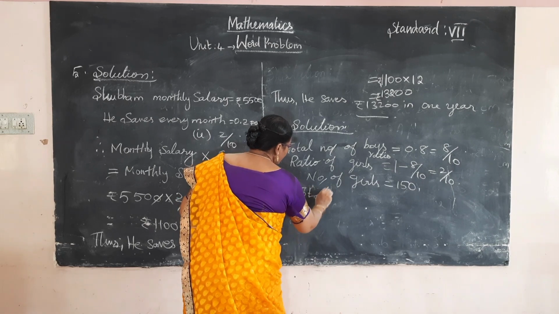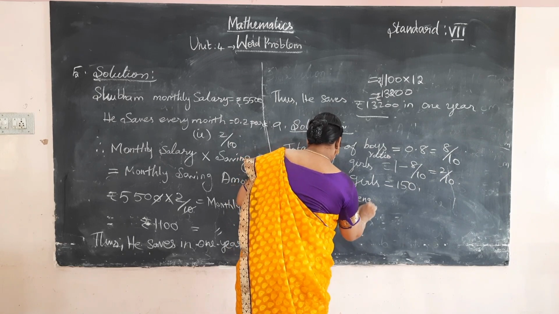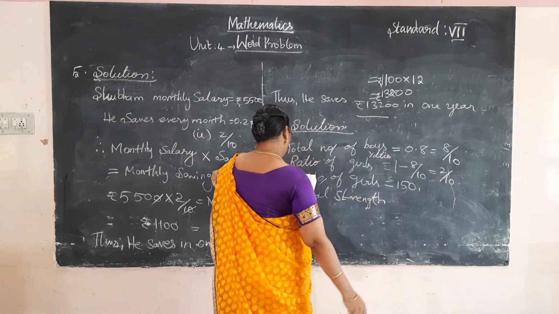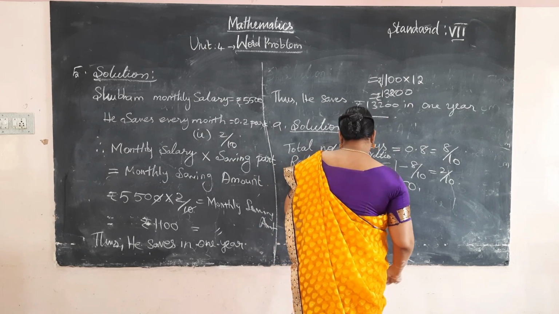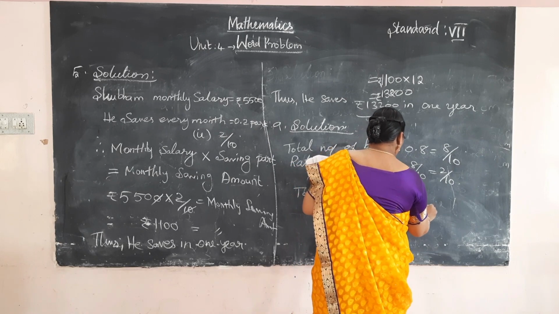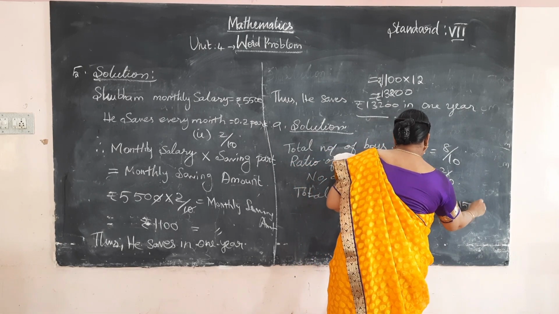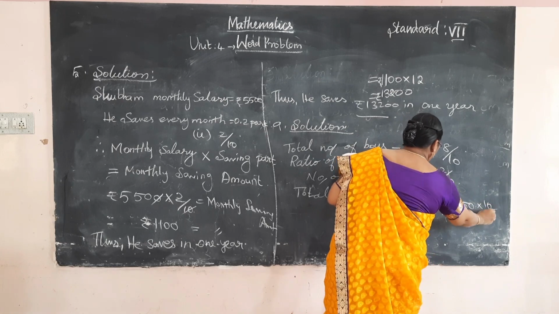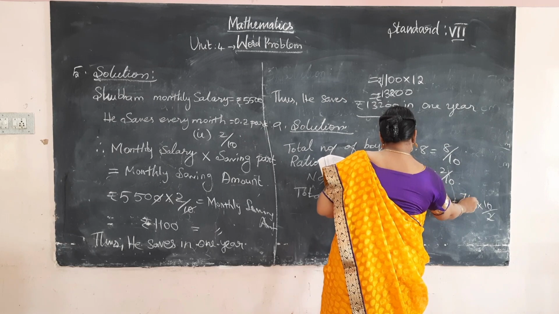So now we have to find out the total strength. Total strength is equal to 150 divided by 2 by 10, is equal to 150 into 10 by 2. So it cancels, 75.